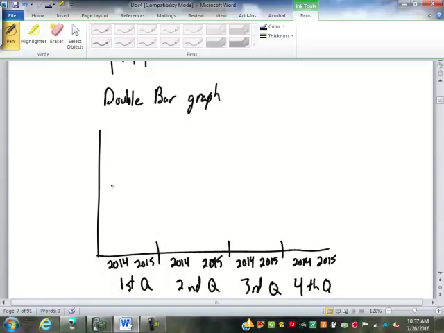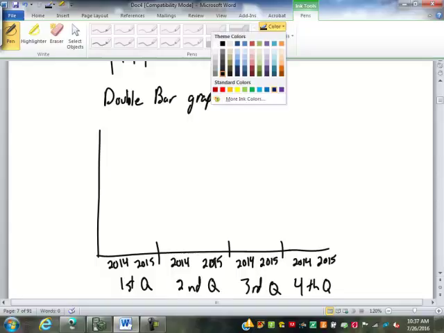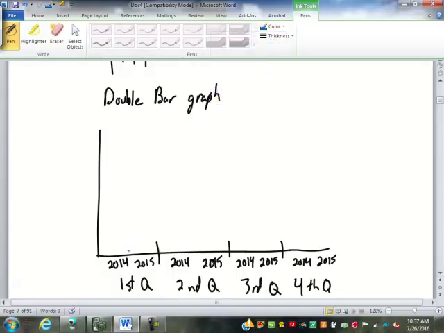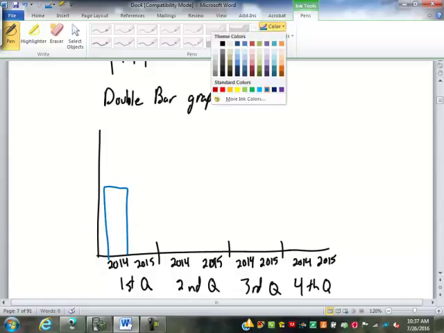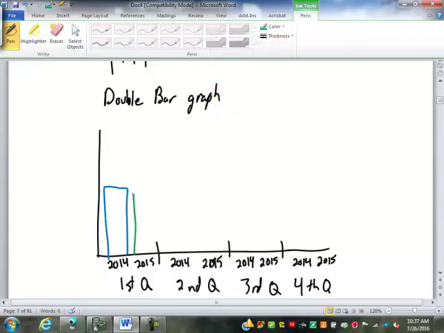Now here a lot of times they will use different colors. So I might use, here's 2014, first quarter sales, 2015 first quarter sales.